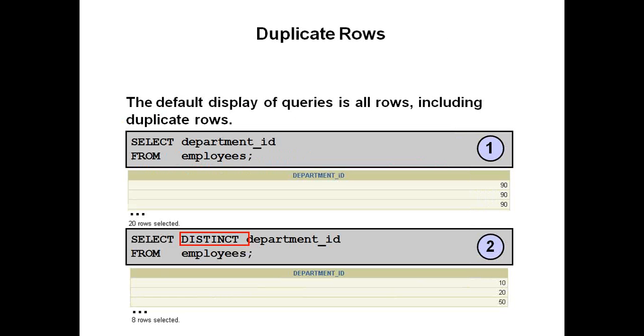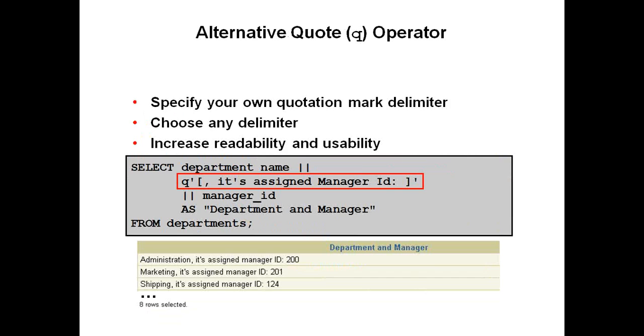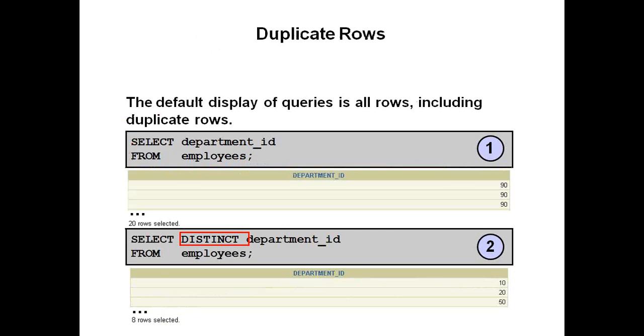So the next few slides are going to talk about those things, how to use the concatenation operator, or how to use the literal character string and all. And then we have a query on how to avoid the duplicate rows. So in your table, if you are having some duplicate rows, how are we going to avoid them?